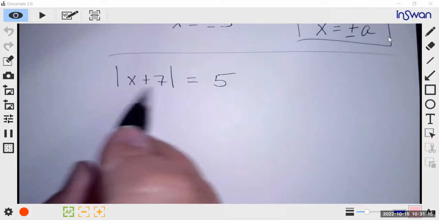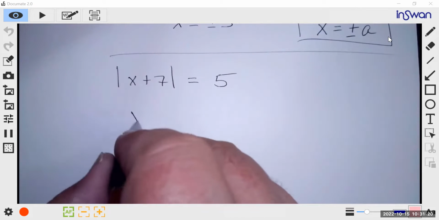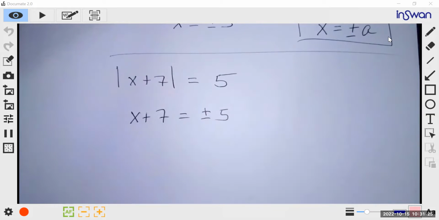I have the absolute value isolated equals a number. Now I can drop the absolute values, and I put a plus or minus in front of the answer.